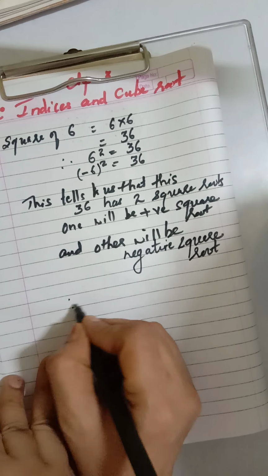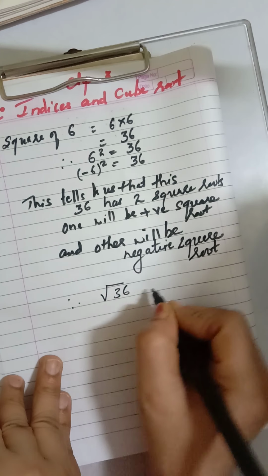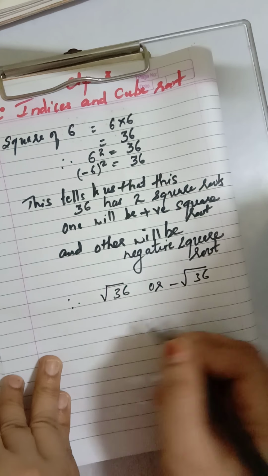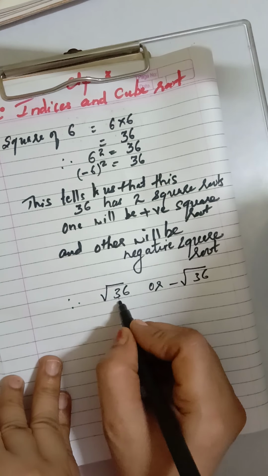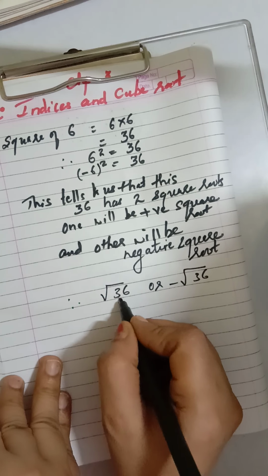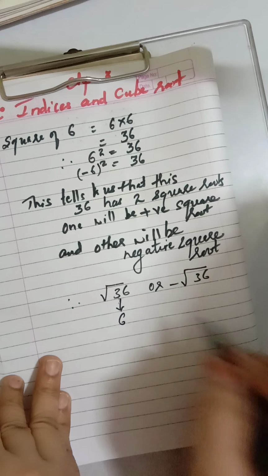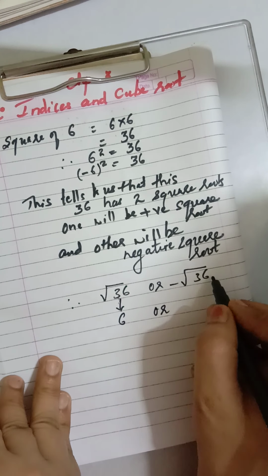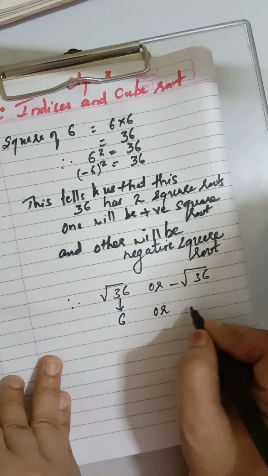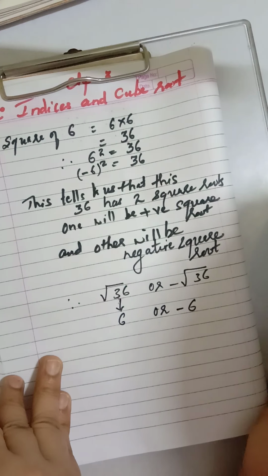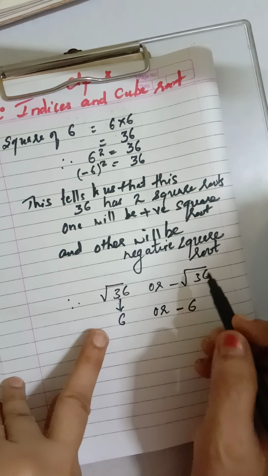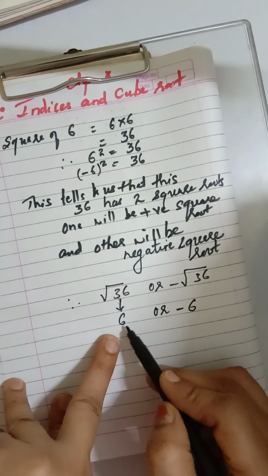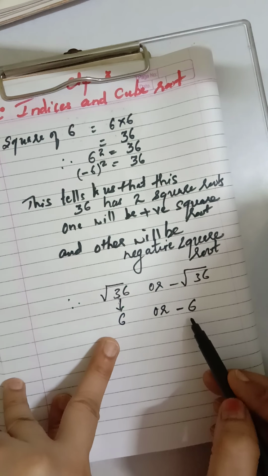That means this will be either root 36 or minus root 36. If it is root 36, then the square root of 36 will be 6, or if it is minus root 36, it will be 6 but with a minus. So 36 has one positive square root and one negative square root.